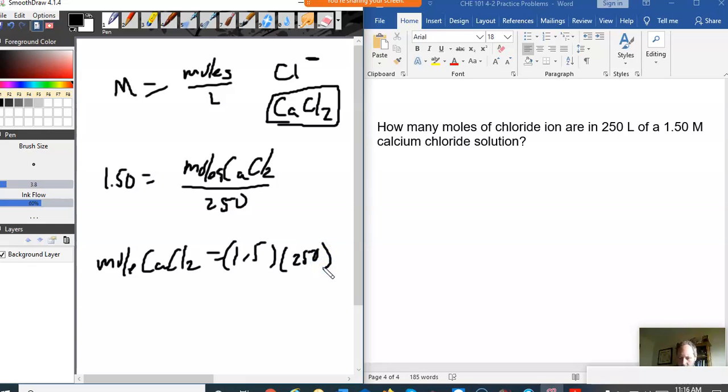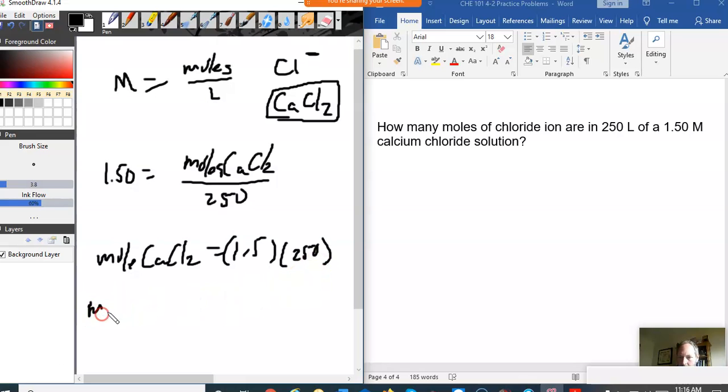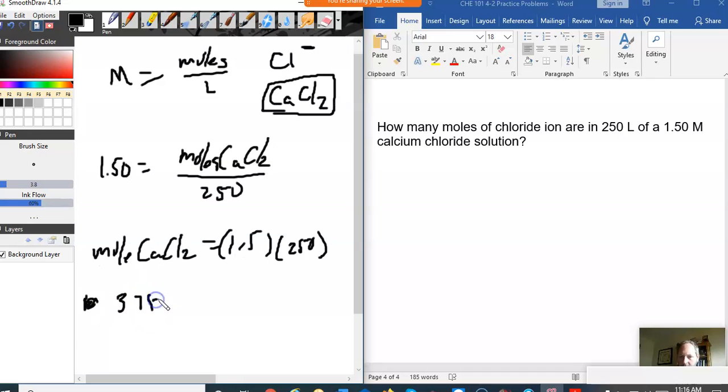So when we do that, I think you get 375. Is that correct? Yeah. So you get 375, and that's moles of calcium chloride. And then you need to find the moles of chloride ion. So this is where you do a mole-to-mole conversion.